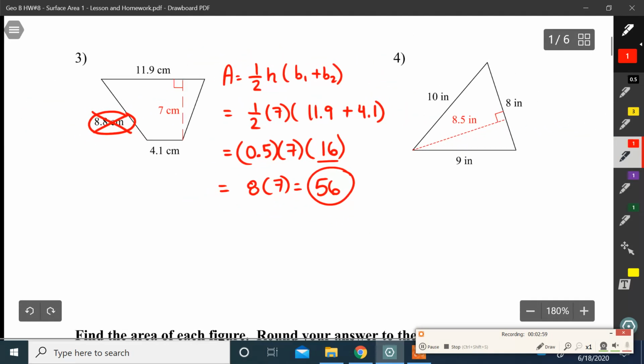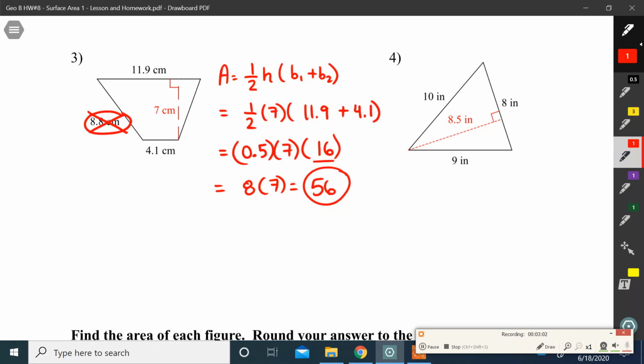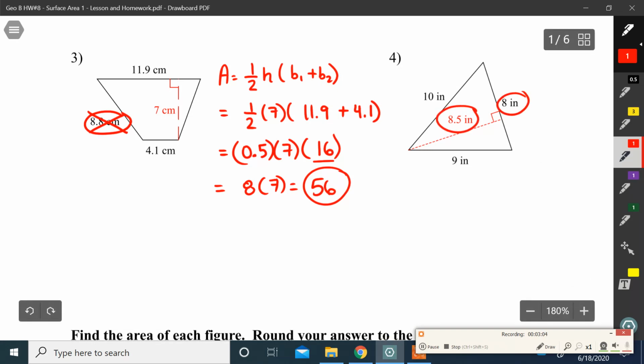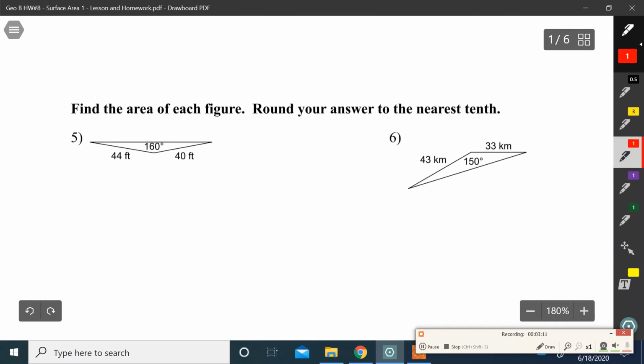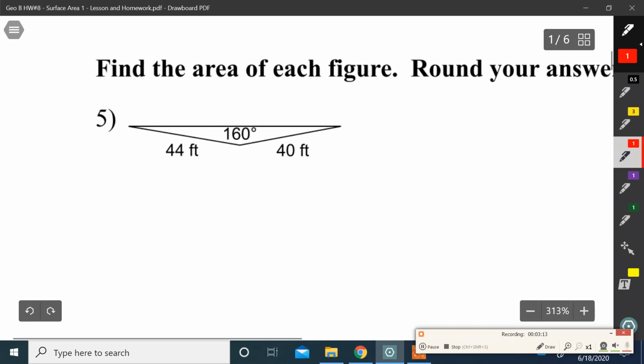Number 4, you're going to use the height and the base. You don't even need this for number 4, so don't get confused on that. This one here, we went over this yesterday.